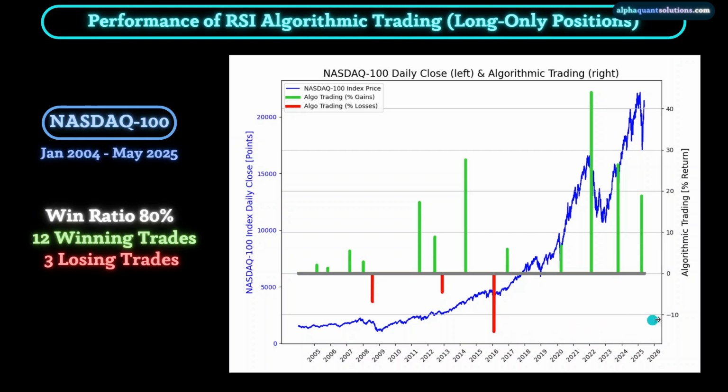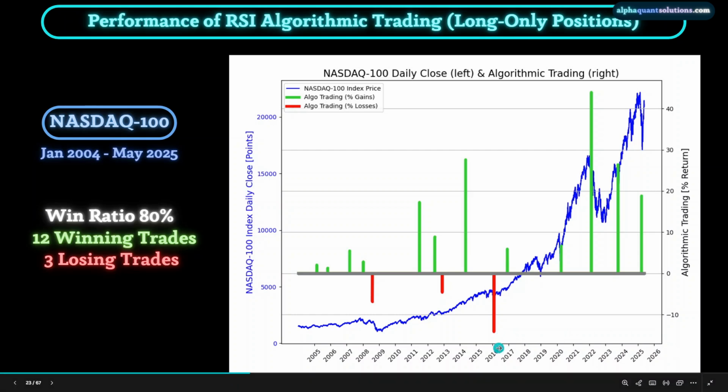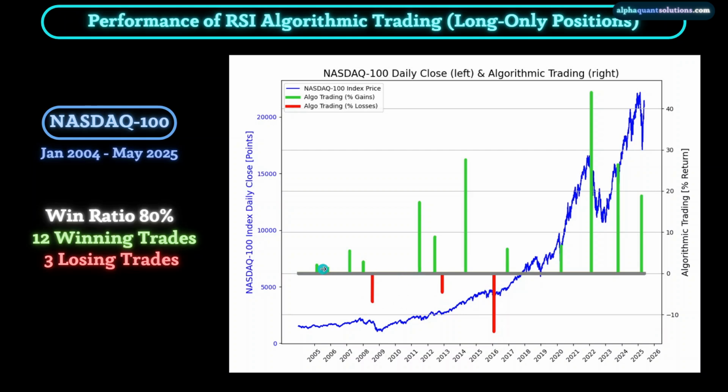The red ones are the losing trades. So we have here approximately a minus 15% loss during 2016, one of the three losing ones. And all the other ones are the winning trades. We see quite a few high winning trades, at least 5 of them hovering around 20% or higher, up to 45%.